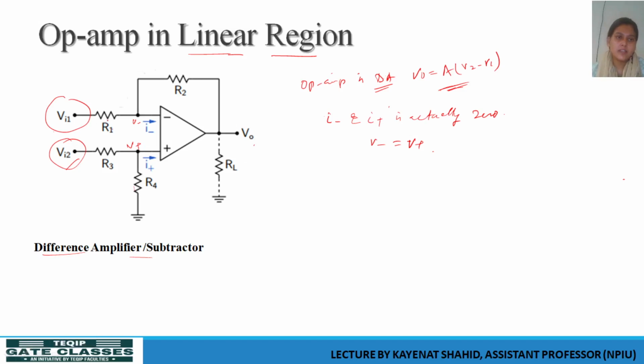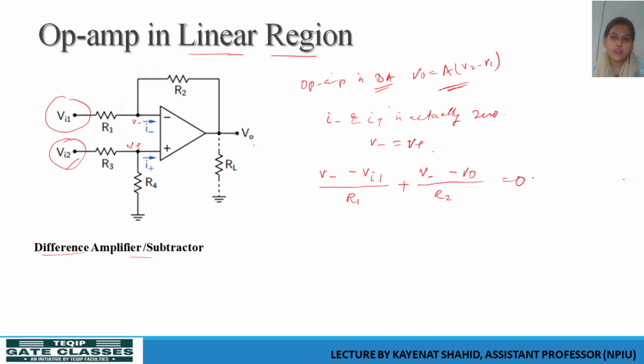First thing is this V minus, this current. If we apply KCL at this node, that means (V minus VI1) by R1 plus (V minus VO) by R2 equal to 0.